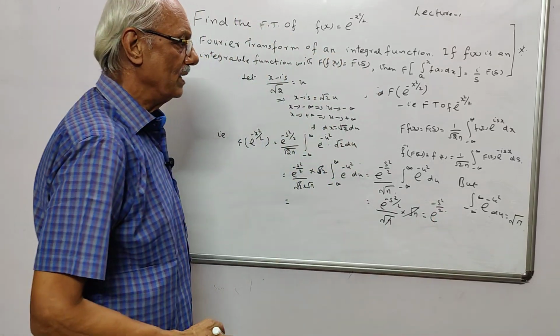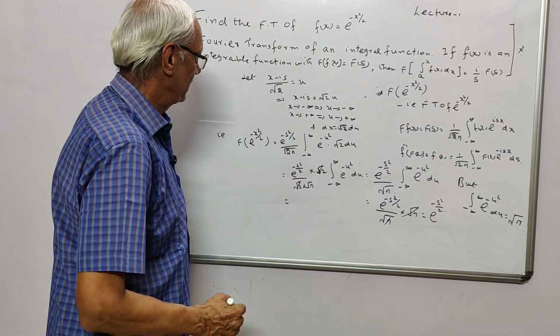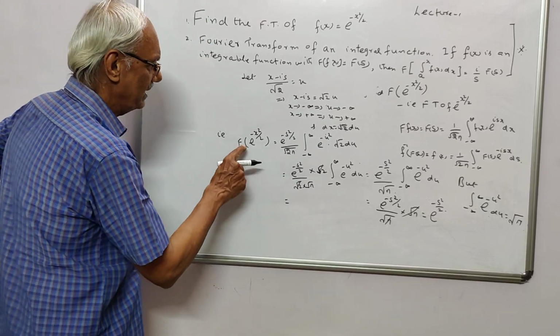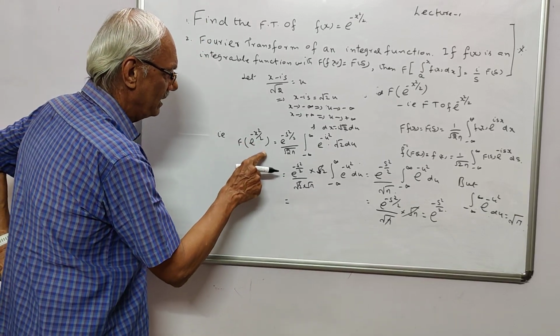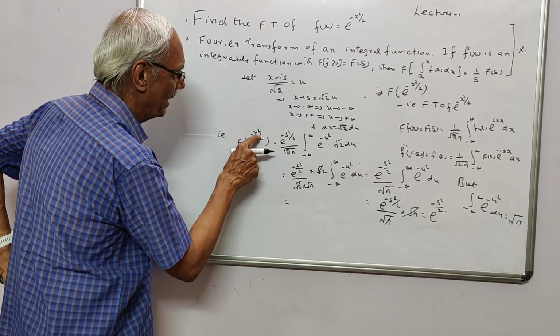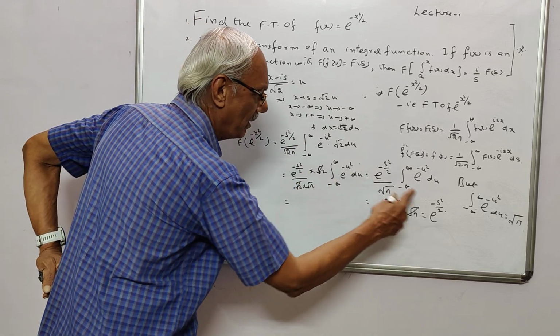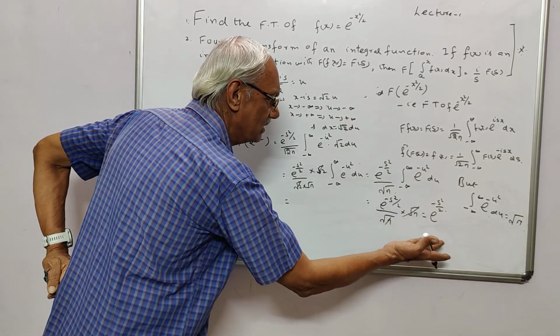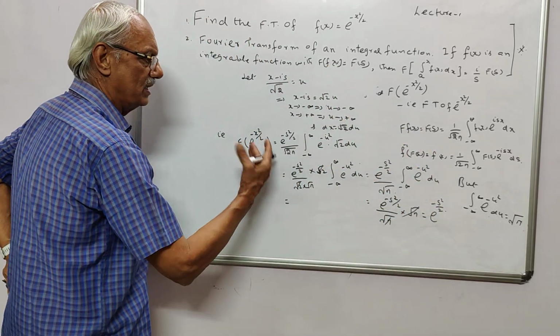That means what? They are self-reciprocal, in the sense that the Fourier transform of e to the power of minus x squared by 2 is e to the power of minus s squared by 2. So naturally the inverse transform of this must be equal to this.